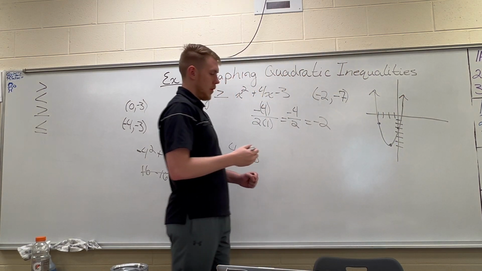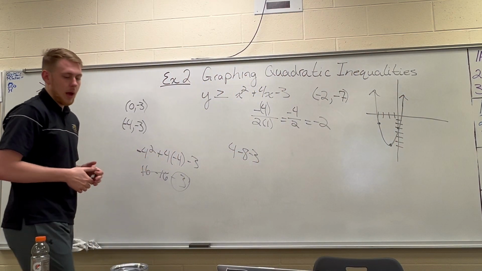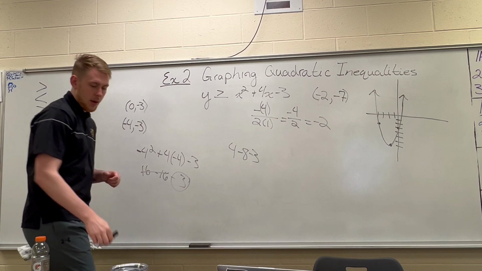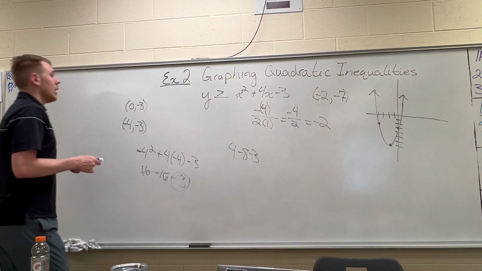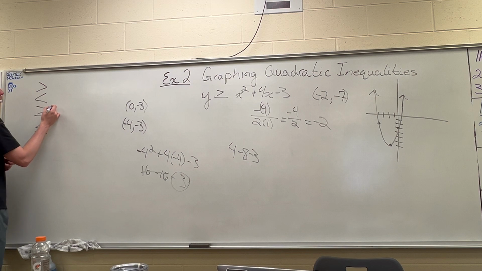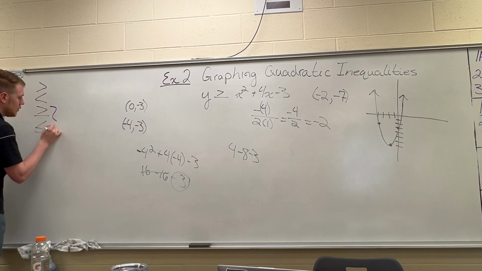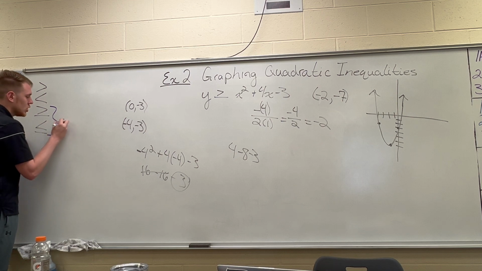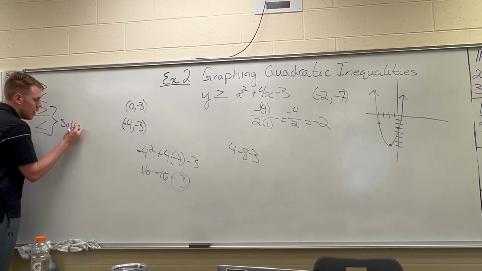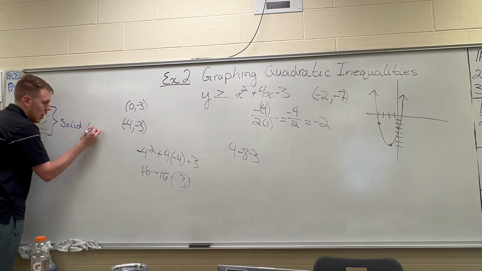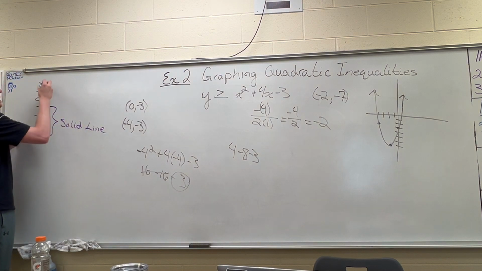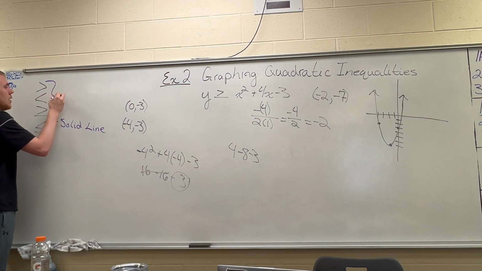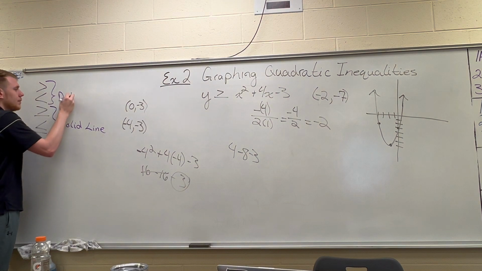There you go. Okay, here's where things get different. Luckily for us, it has an equal to sign. And I say lucky for us because if there's an equal sign underneath, this is a solid line. Your graph is a solid line. If it doesn't have an equal sign, then it is a dotted line.